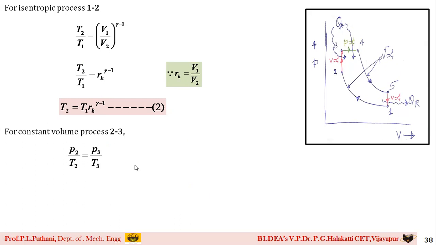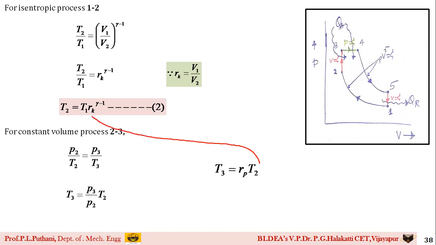That is T3 is equal to P3 by P2 into T2. So what is this P3 by P2? Just now we have discussed one ratio, students. This P3 by P2, according to our PV graph, is nothing but RP, the pressure ratio RP. So it becomes T3 is equal to RP into T2. And what is the value of T2, students?